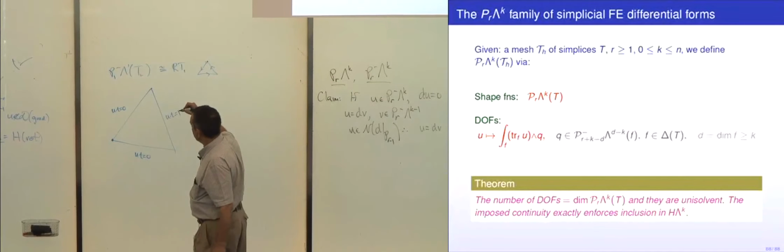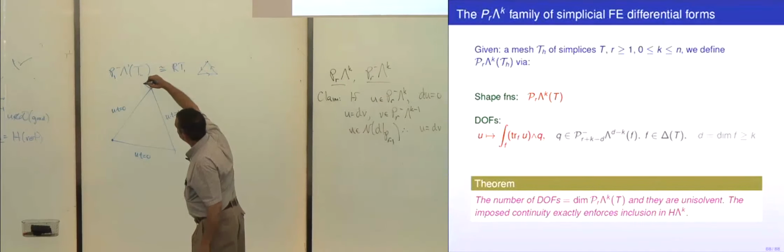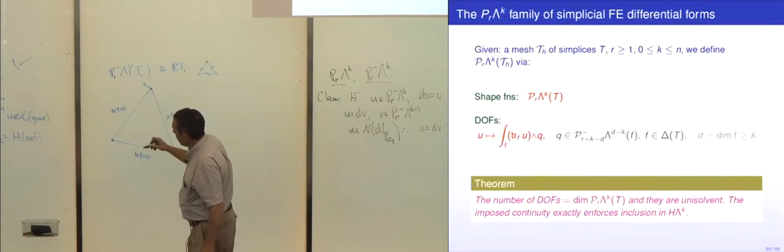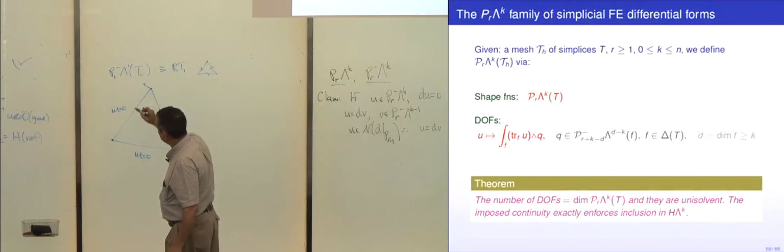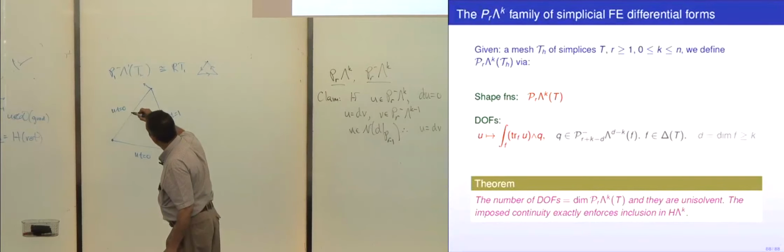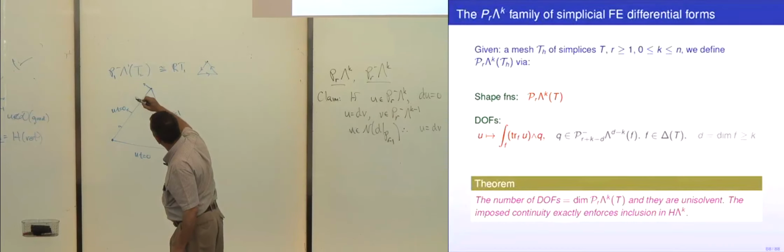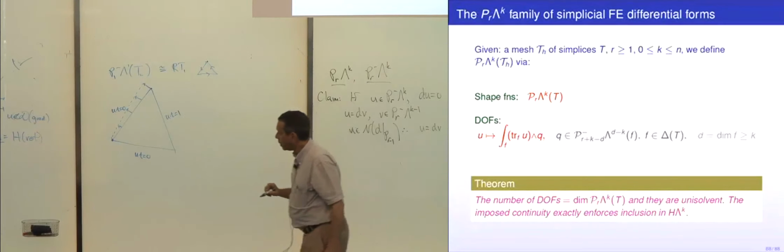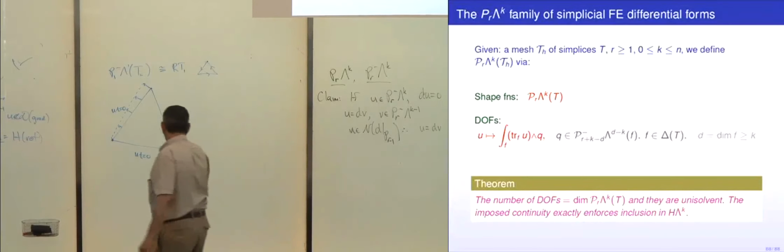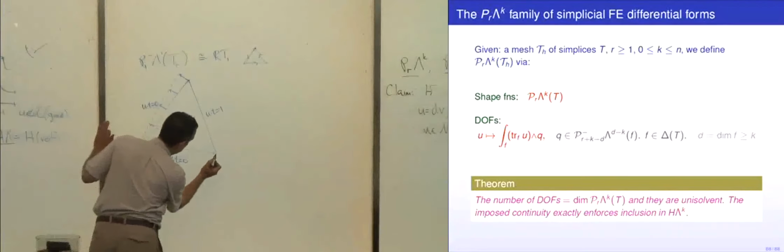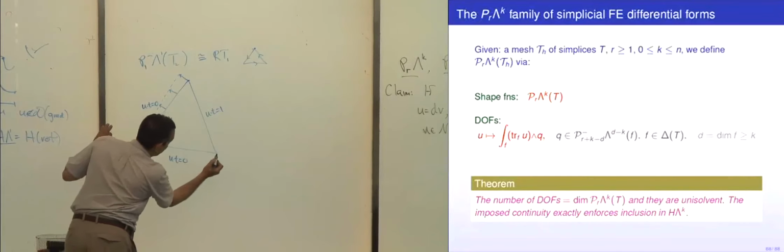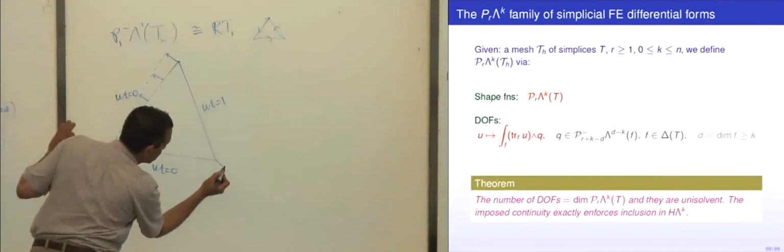And here, the tangential part shouldn't be 0. So it can't be normal, so maybe it's something like that. And it's linear on the edge, so it's going to be something like this, where this is going to increase linearly. On the other face, it's something similar, where we have something like this.